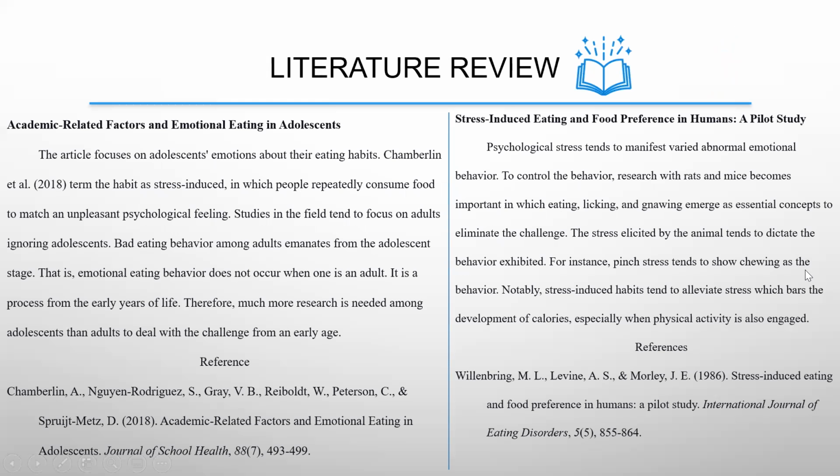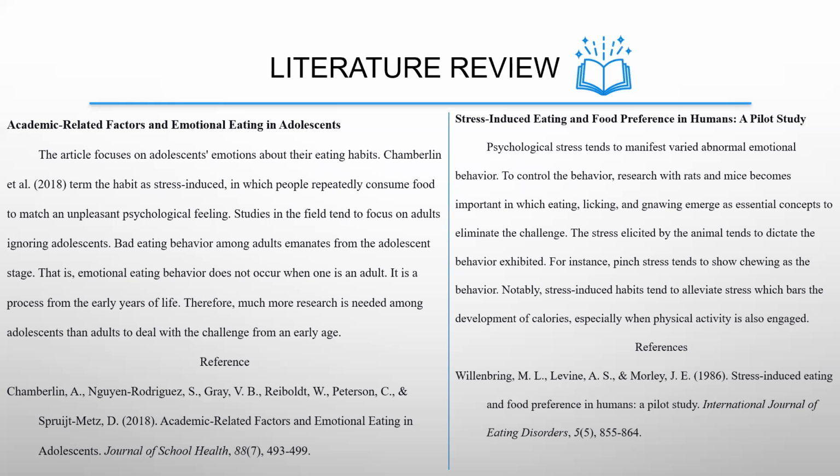So the literature review. It was very difficult to find behavioral articles related to my target behavior. I have one article and 2 that are studies. The first article is academic related factors and emotional eating.